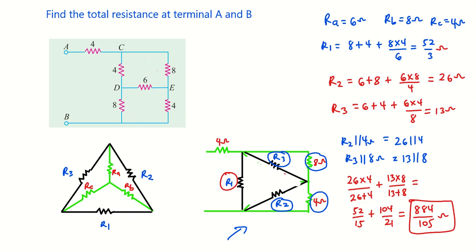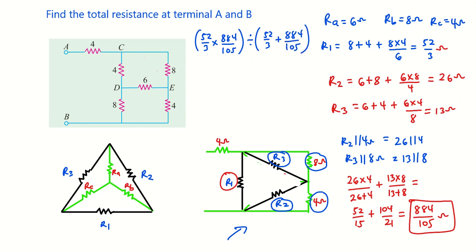We are going to have 52 on 3 times 884 on 105, divided by 52 on 3 plus 884 on 105.